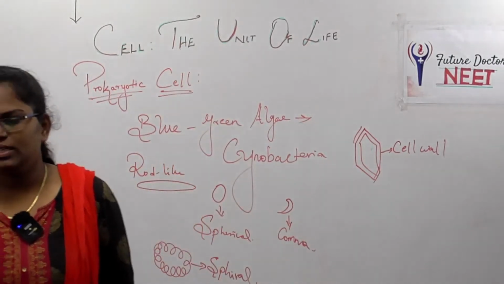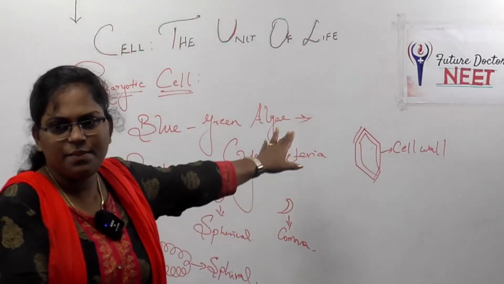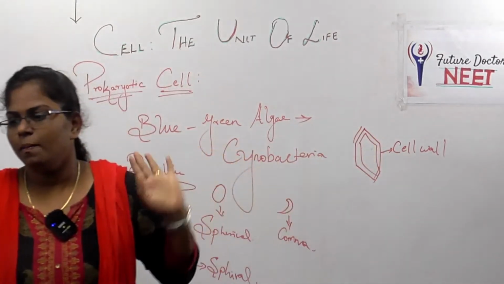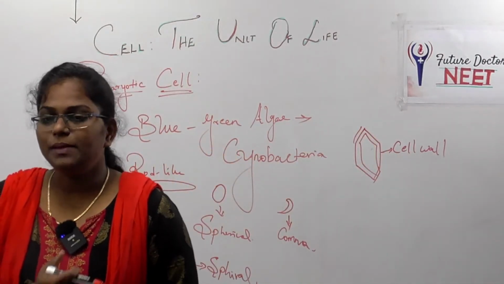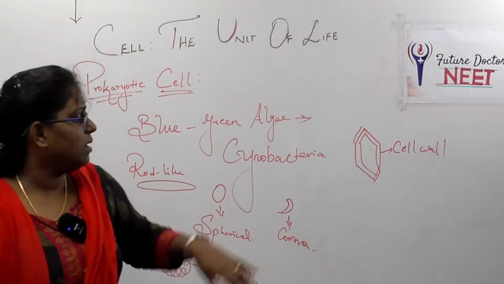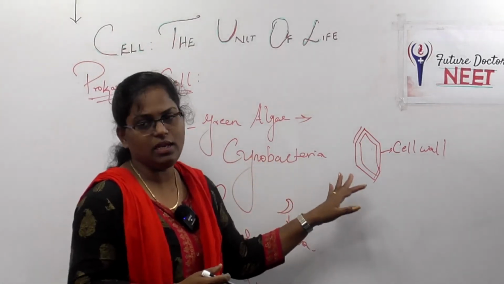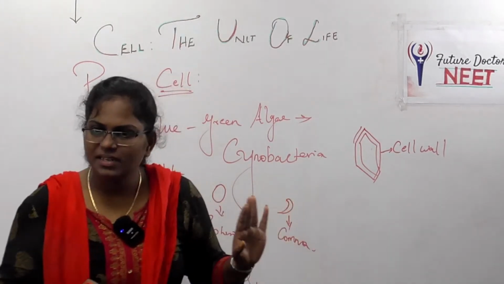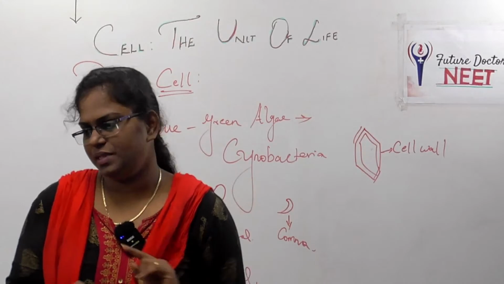All prokaryotic cells are covered by a cell wall, surrounding the cell membrane, except mycoplasma.